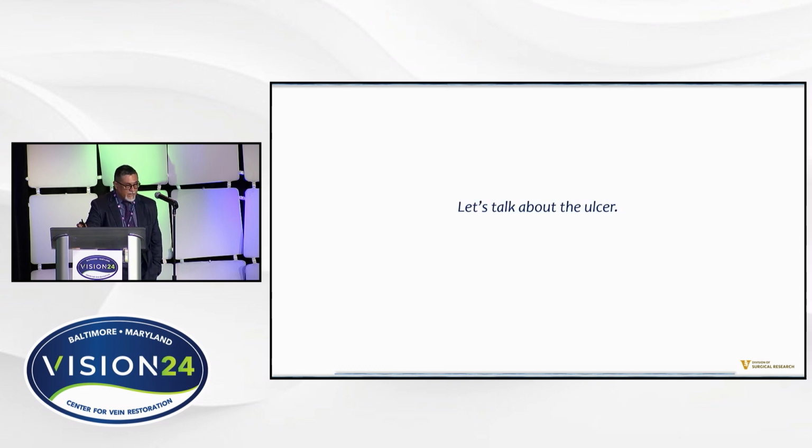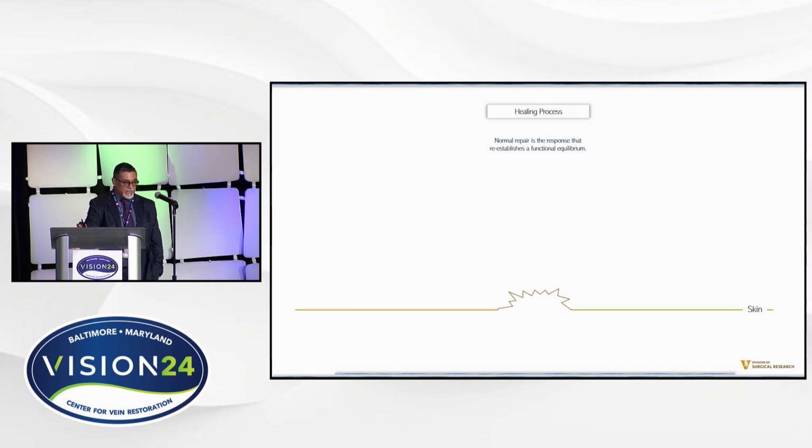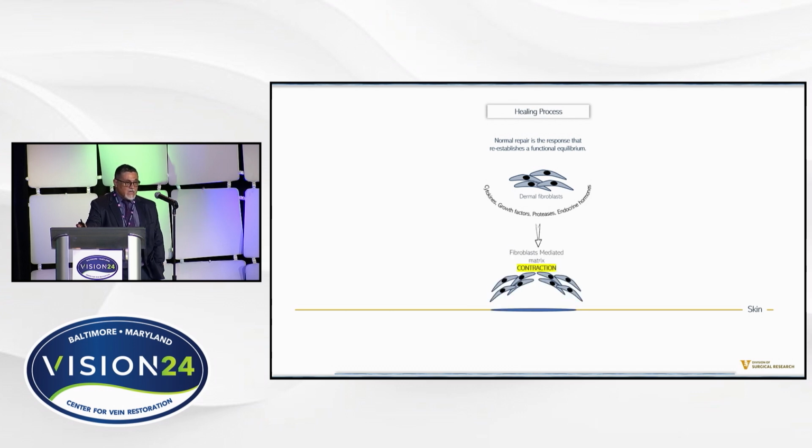So let's talk about the ulcer. First of all, the healing process at the molecular level. We know that normal repair is responsible for initiating this stimulation of fibroblasts, as we saw in the previous slide. But particularly when we have a lesion, there is a response called fibroblast-mediated matrix contraction, which is very important because it's not only the production, but also this physical property that this remodeling brings, which is called contraction.